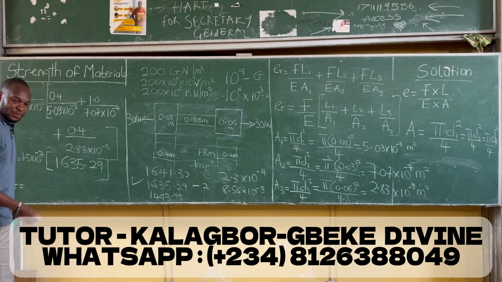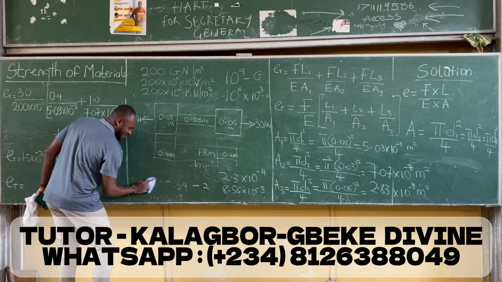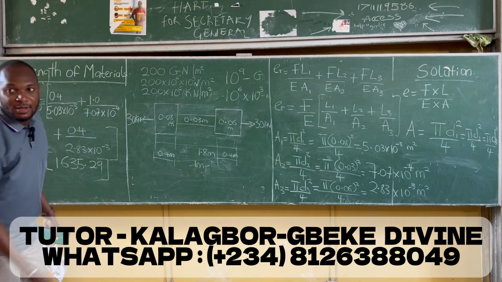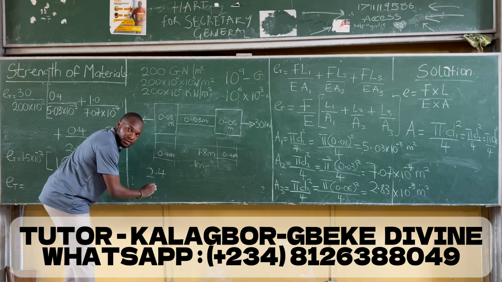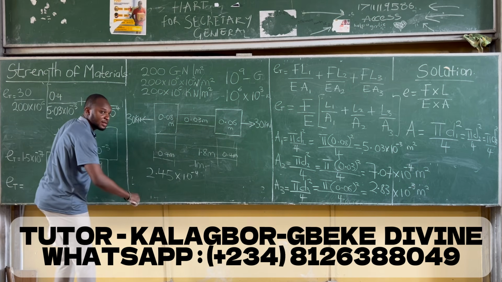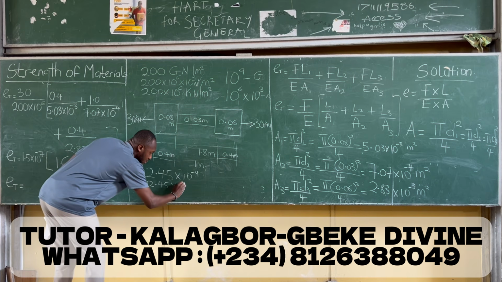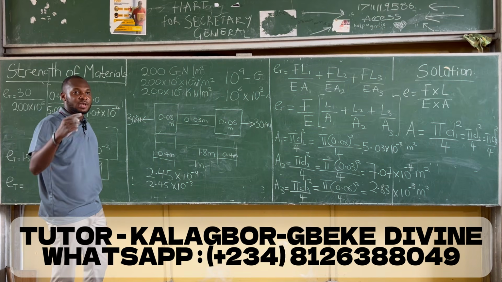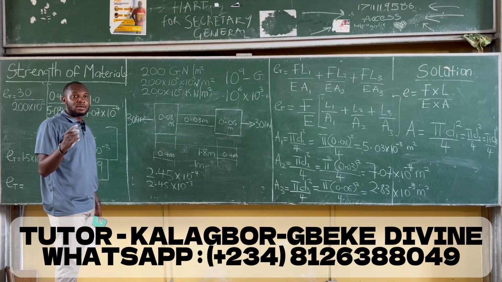Okay, let's get the answers. Just be giving me your answers. What did the first person get? 2 point what? 2.4 times what? Minus 4. Big man, what did you get? Another person was saying another answer there. The third person, what did you get? 2.35.